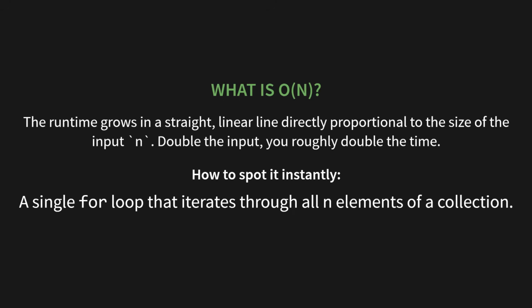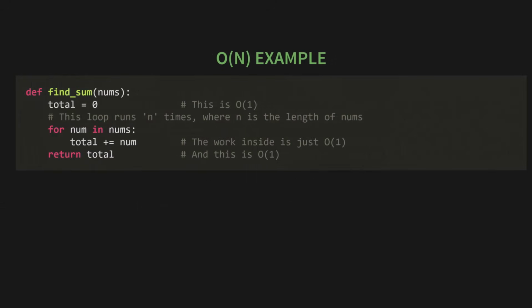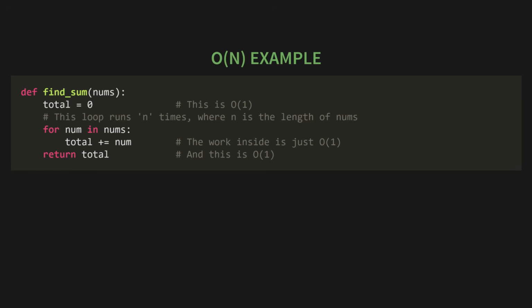Let's see an example. Here's a function, def find_sum, which takes nums. The first line, total equals 0, is just an O of 1 operation. Then we hit the loop, for num in nums. This loop runs n times, where n is the length of nums.